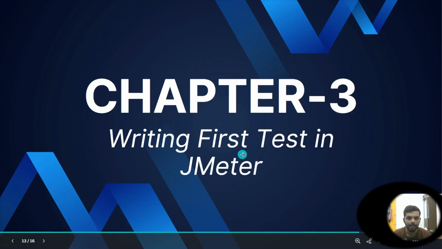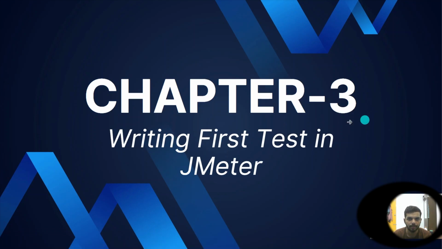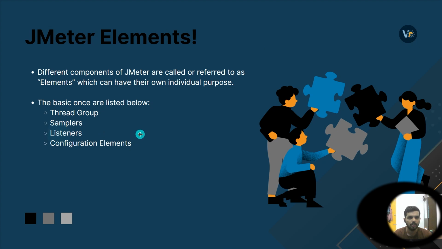Now chapter 3 is how we can write tests in JMeter. So basically how we can write the performance test inside JMeter. Before we actually start writing test cases in JMeter, we should be aware of JMeter elements.